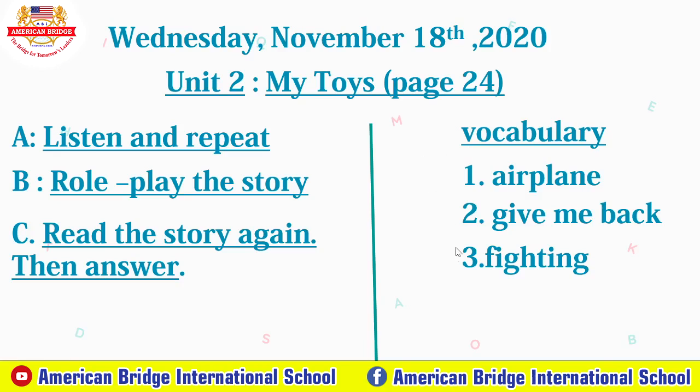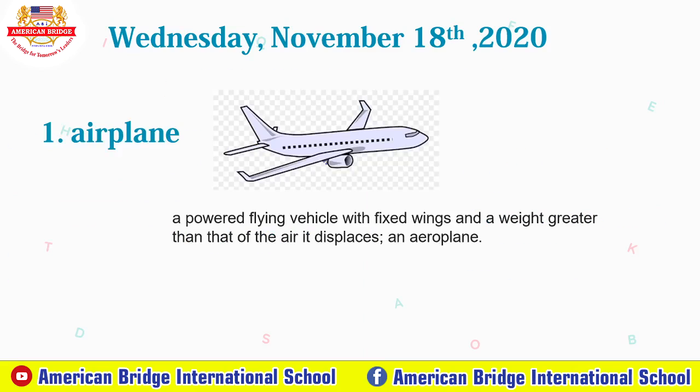The teacher will explain our vocabulary for today, where we have 3 words here. Okay, so everyone, are you ready? Good. So now let's move to the next one. Our first vocabulary is airplane.